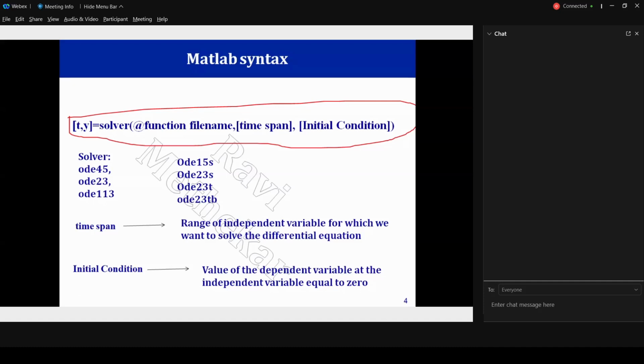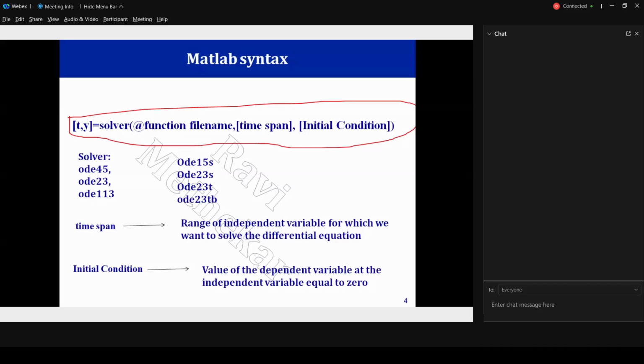We know that for the solution of one ordinary differential equation, that is an IVP, we need one initial condition. Like in this case, dx by dt, if I discretize this as (x2 minus x1) divided by delta t, I should know the x1 value. Correct? So that's my initial condition. If you provide all this information, MATLAB solves it using the solver, ODE45, ODE23, whatever it may be, and gives you output in this fashion.